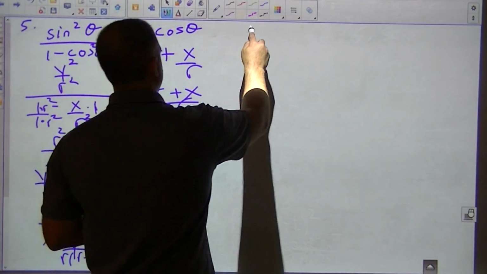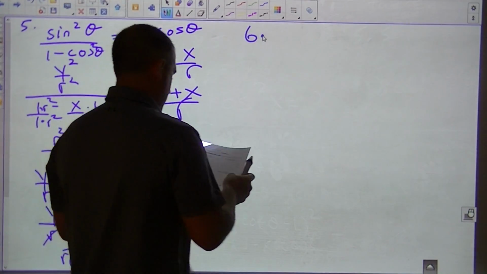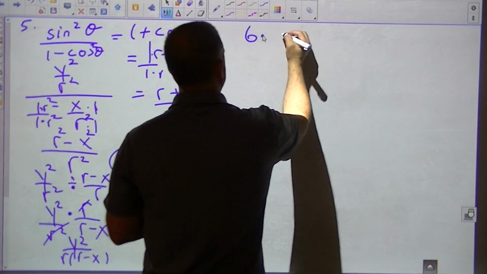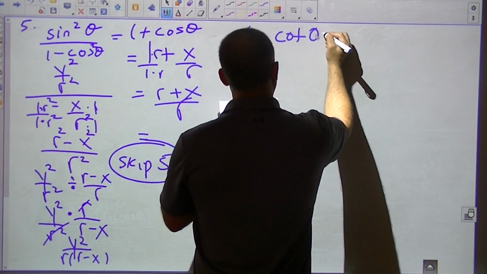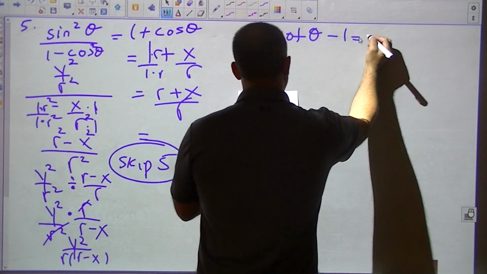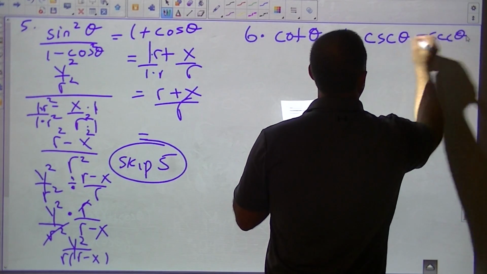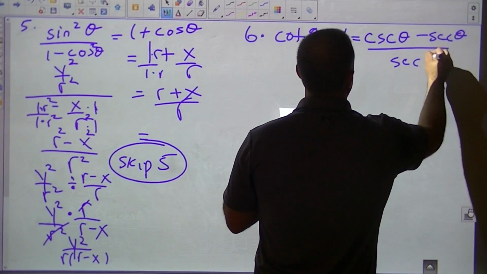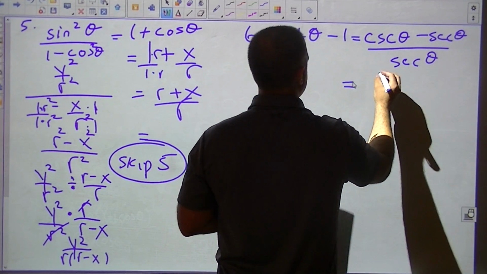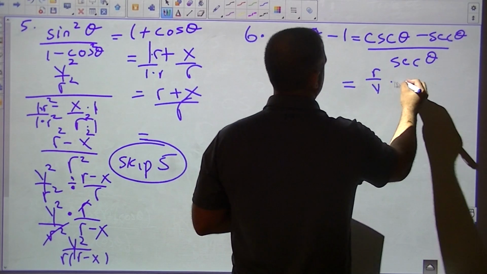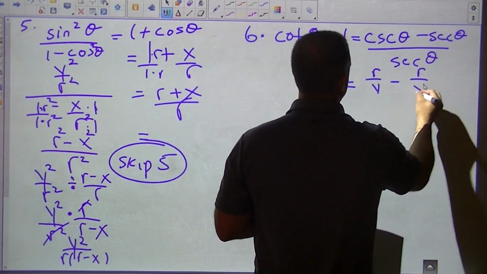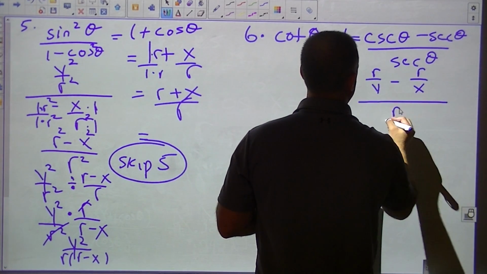All right, so let's go on to number 6. I got cotangent of theta minus 1 equals cosecant of theta minus secant theta over secant theta. So that's going to be r over y minus r over x divided by r over x.